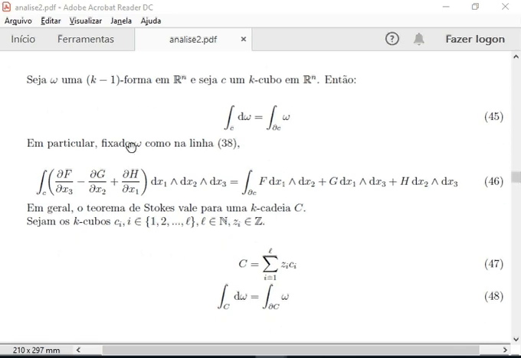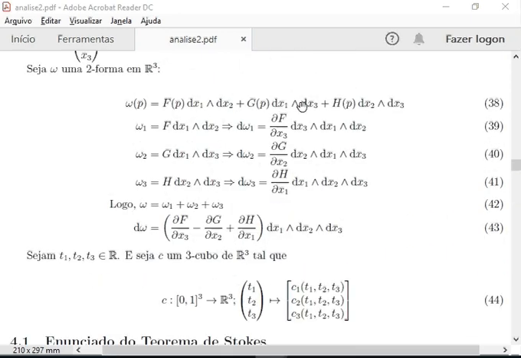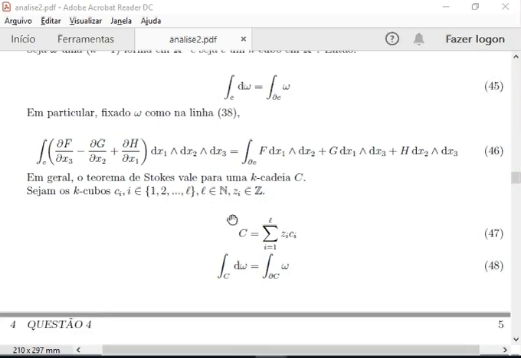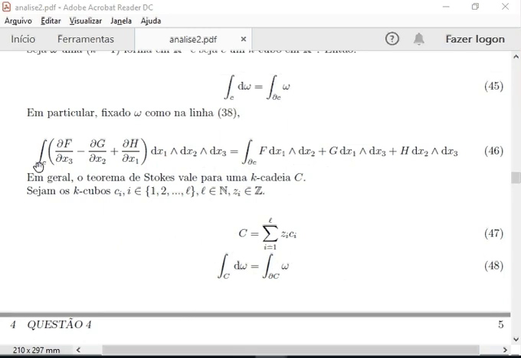Letting n equal 3, in particular, fixing omega as f plus g plus h, the integral over C of df dx3 minus dg dx2 plus dh dx1 equals the integral over the boundary of C of f plus g plus h.